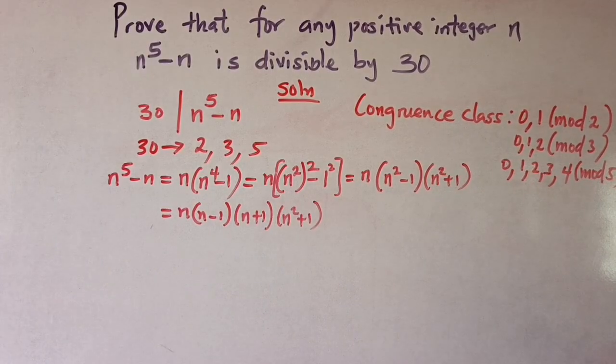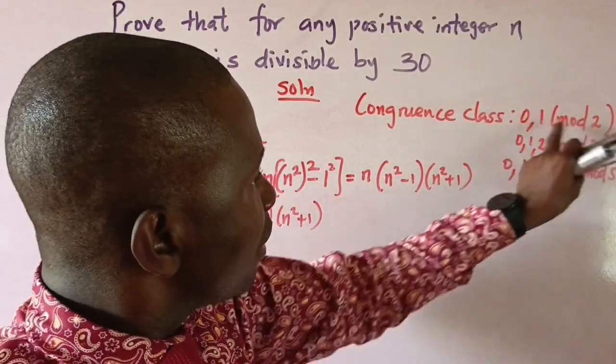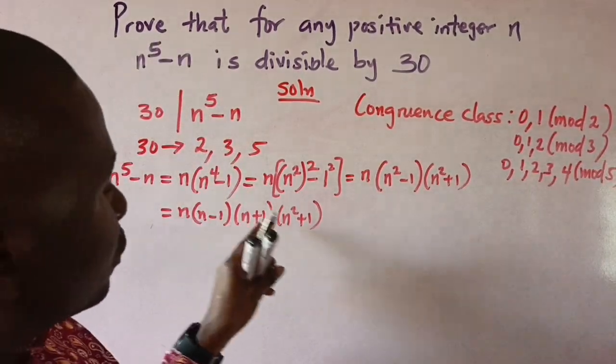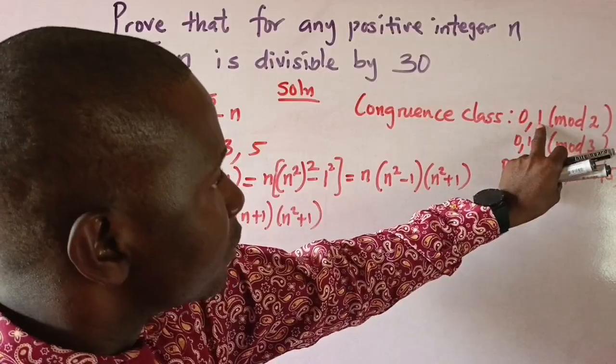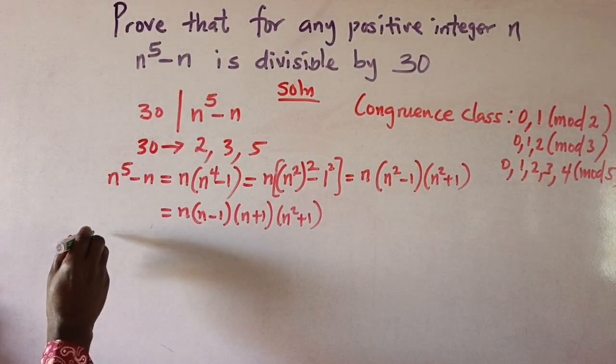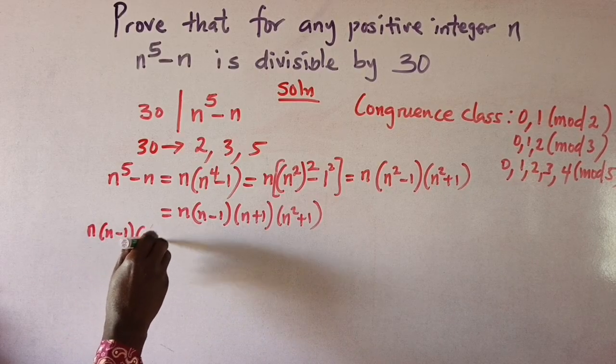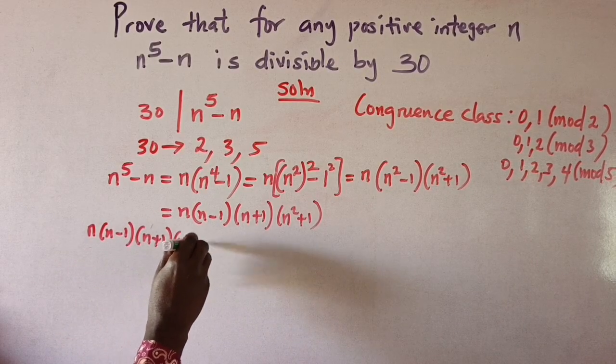Now the next thing we are going to do is test whether, when we substitute 0 into this, the result will be 0, and when we substitute 1, whether it will be 0 in mod 2. Then we have n into n minus 1, n plus 1, n squared plus 1.